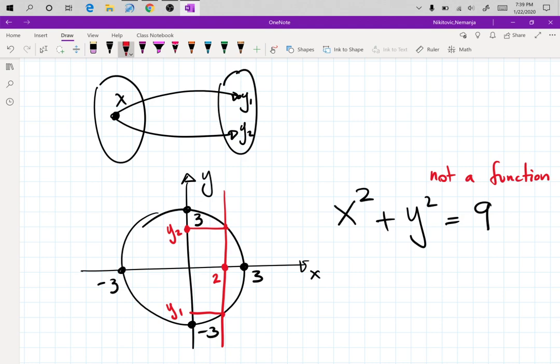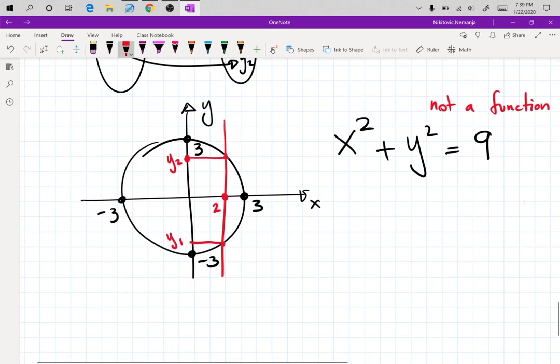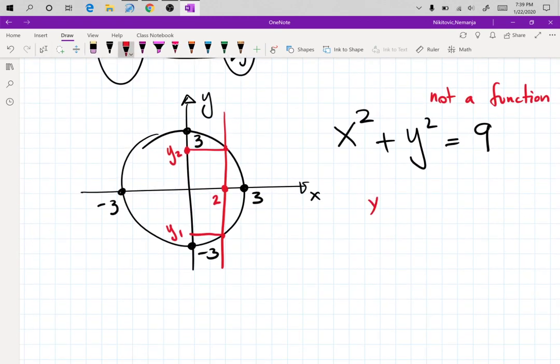So the x value of 2 returned 2 different y values, and that's why it's not a function, because it ruins uniqueness. Uniqueness is ruined because x equals 2 can give me y equals root 5 or y equals negative square root of 5 if you compute this carefully.